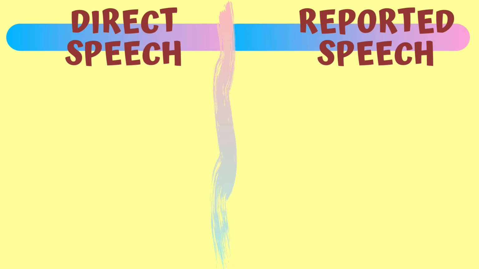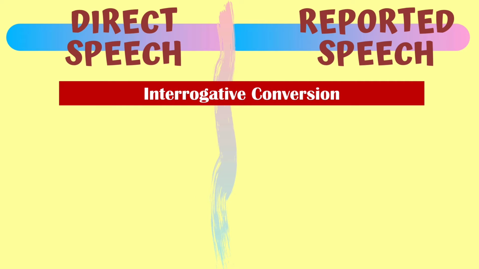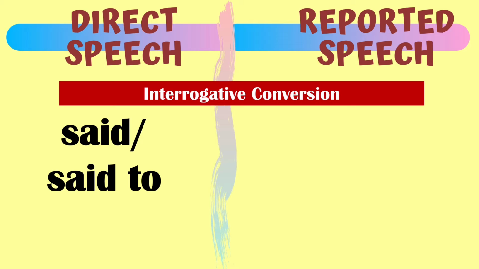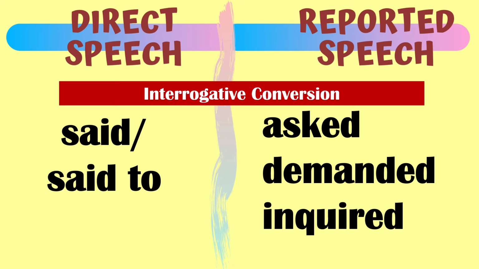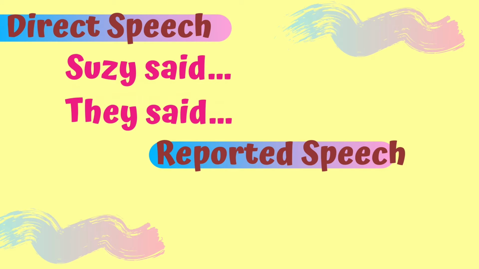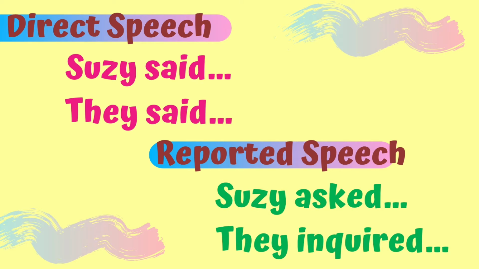For the conversion of interrogative direct speech, the reporting verb said or said to is changed to asked, demanded, or inquired. Example: Susie said and they said will become Susie asked and they inquired.